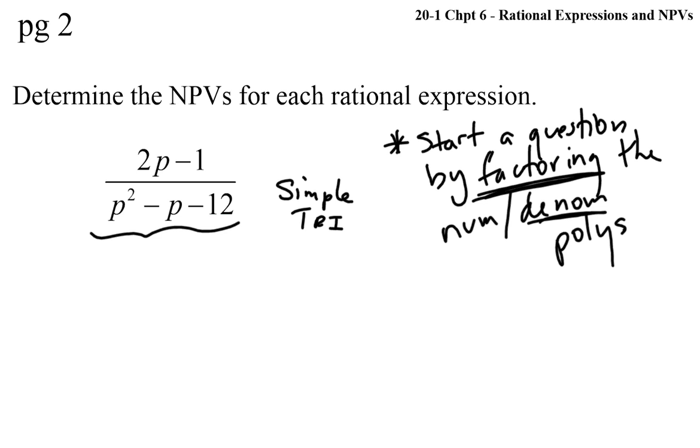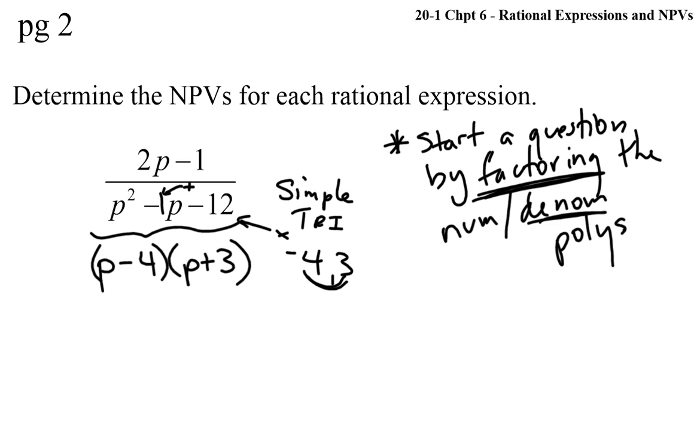Simple trinomial, what multiplies to negative 12 but adds to negative 1? Well, that would be a combination of negative 4 and 3. Negative 4 times 3 is negative 12. Negative 4 plus 3 is negative 1. So we have p minus 4 and p plus 3. That's another way to write that denominator. And what's nice about the factored form is that now we can get our NPVs. Our NPVs will occur if p minus 4 equals 0, or if p equaled 4.